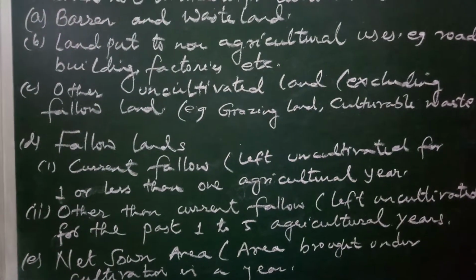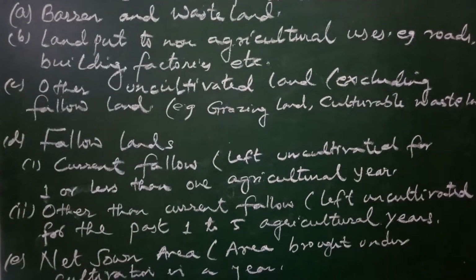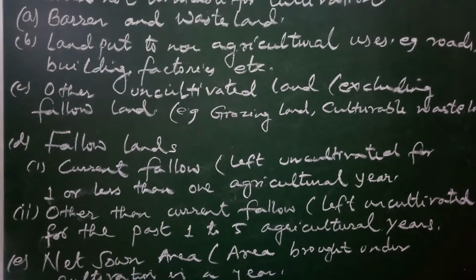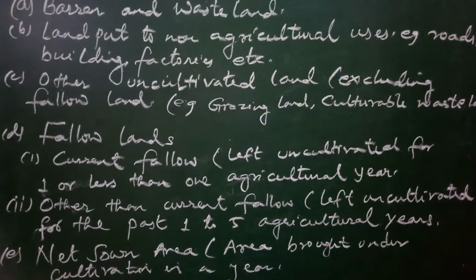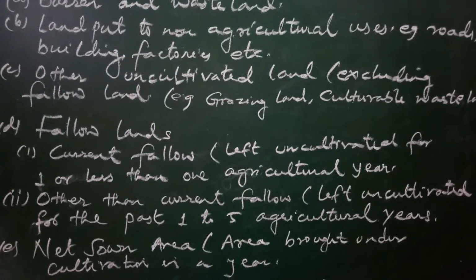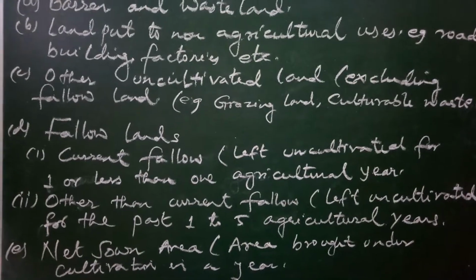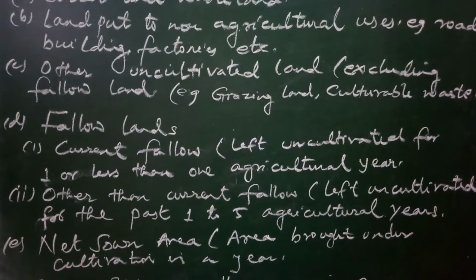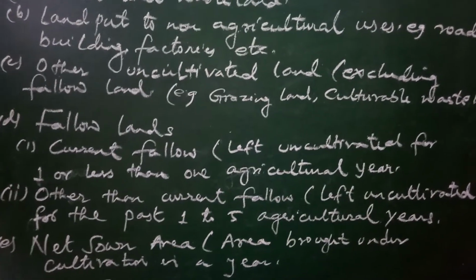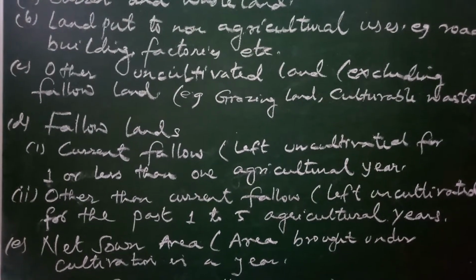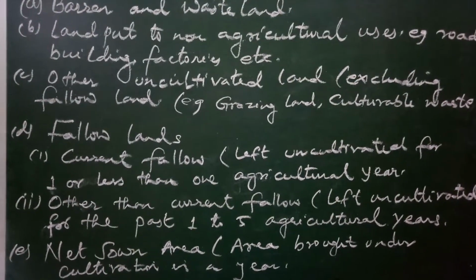Other than current fallow land, you have land which is left uncultivated for the past 1 to 5 agricultural years.